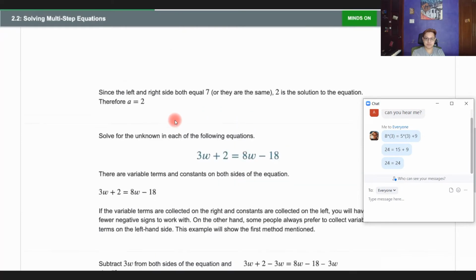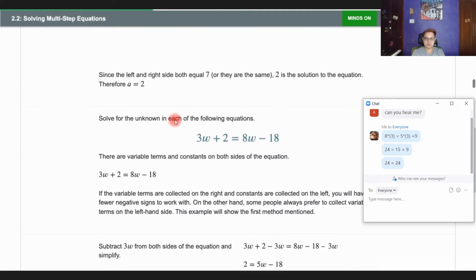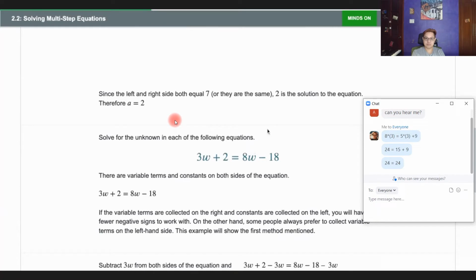So this one is 3w plus 2. This one you bring the 3w to the other side, and you take 8w and subtract it.